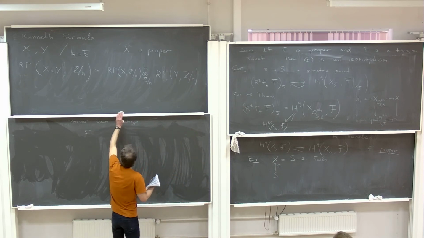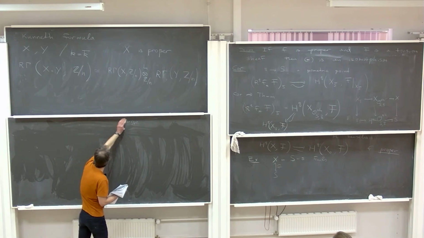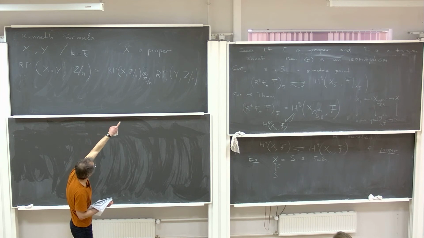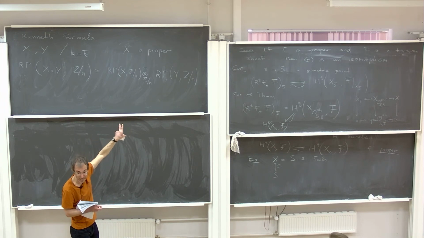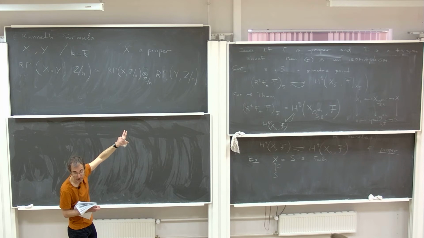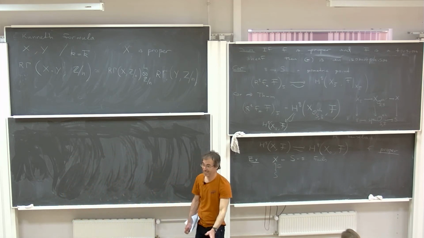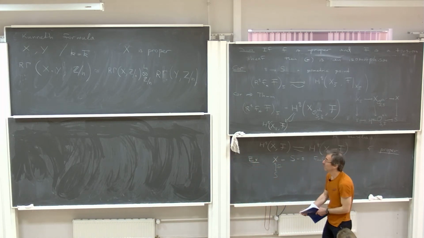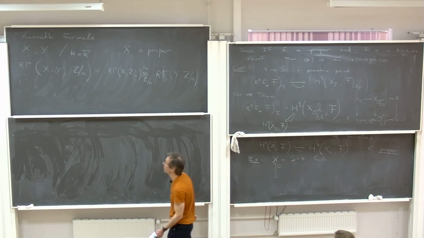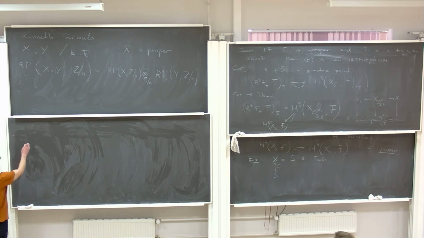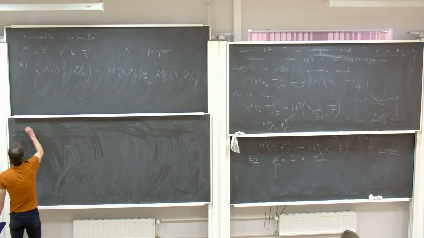Here you have this derived tensor product, but if you know that homology of X and Y with Z mod n Z coefficients are free over Z mod n Z, then you can replace the derived tensor product by the usual one, and you recover the usual formula, as in the case of fields. Or if n is a prime number, then you also do not need all this derived stuff. But the proof in the language of derived categories is especially simple.